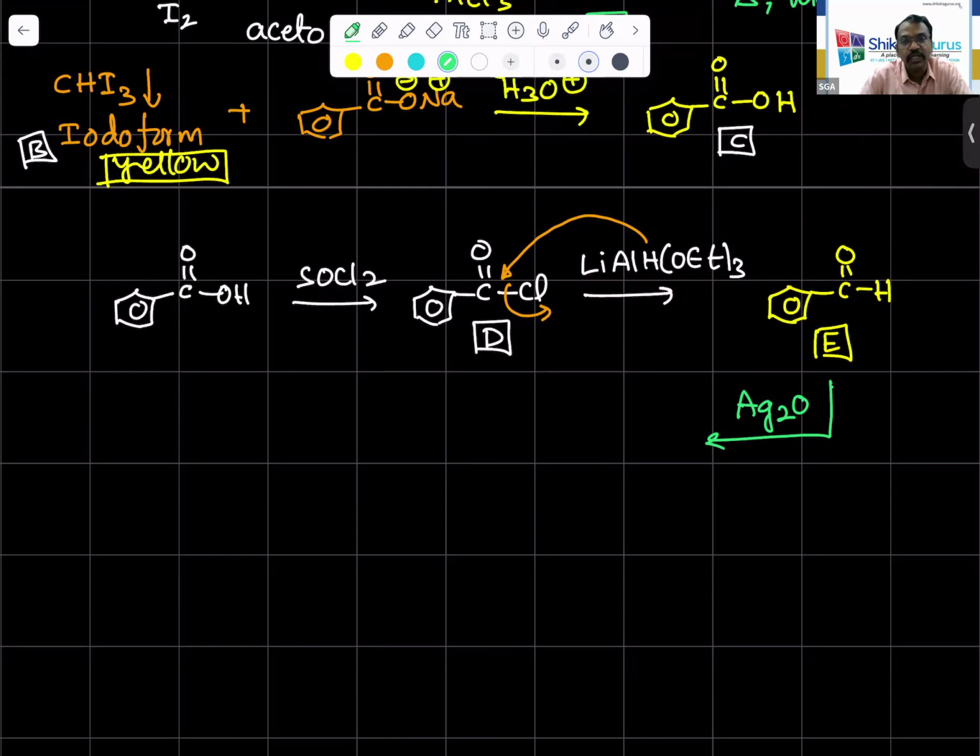Actually it is ammoniacal silver nitrate, but from an examination point of view, I can use silver nitrate plus ammonia, or I can use silver amine complex, or I can use silver oxide. Everything is the same. Don't worry. Here it is the aldehyde group. It will change to benzoic acid. Here it is compound F.